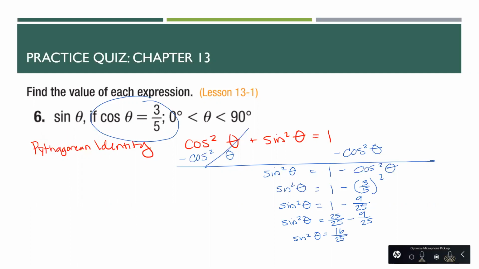And then we want sine of theta, so we would take the square root of both sides, okay? So then we would have sine of theta is equal to the square root of 16, which is 4, and the square root of 25, which is 5. So sine of theta would be 4 over 5. Okay.